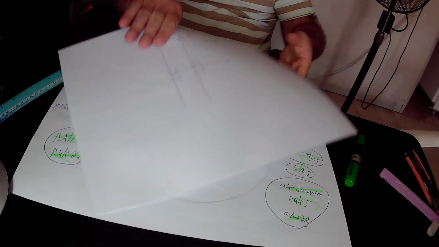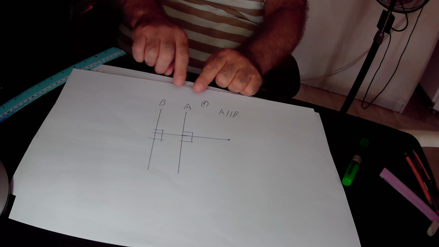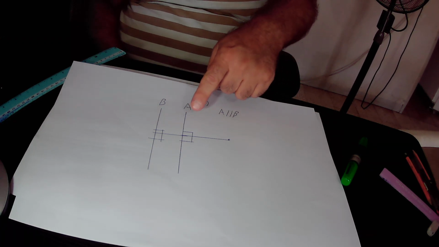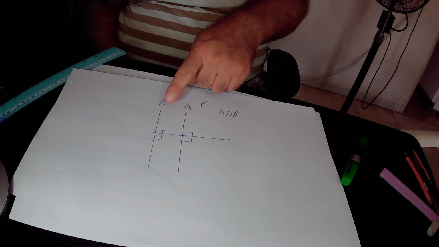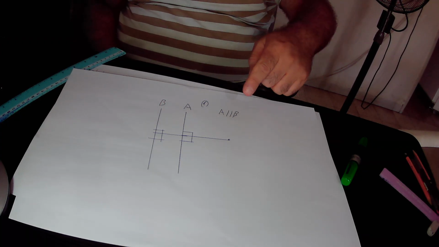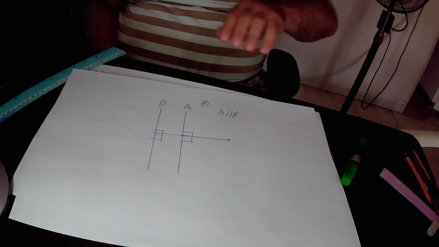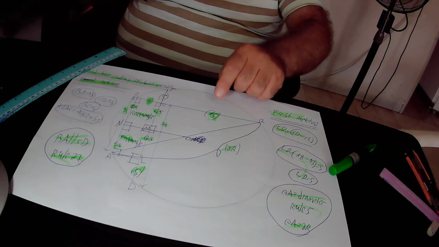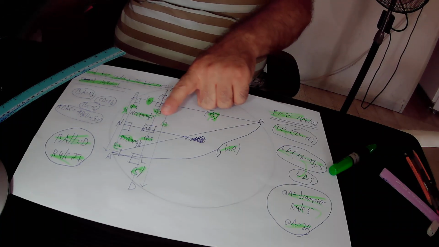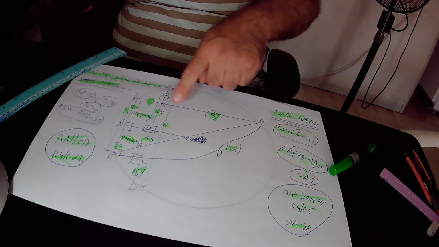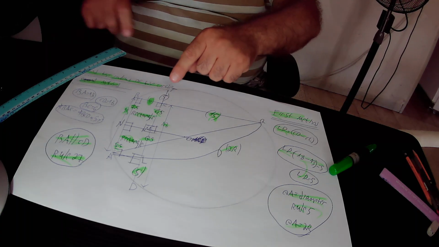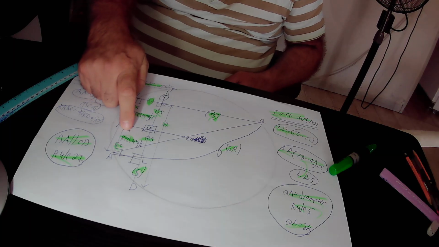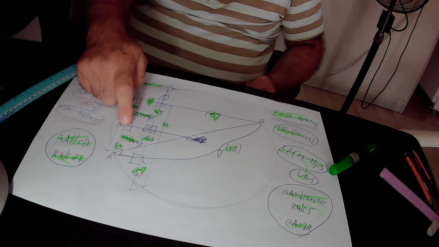If you have line A that is parallel to line B, then a perpendicular to A will also be perpendicular to B. So here, the perpendicular OM will also be perpendicular to BA. So this angle equals 90 degrees, and this angle also equals 90 degrees, according to what I already explained.